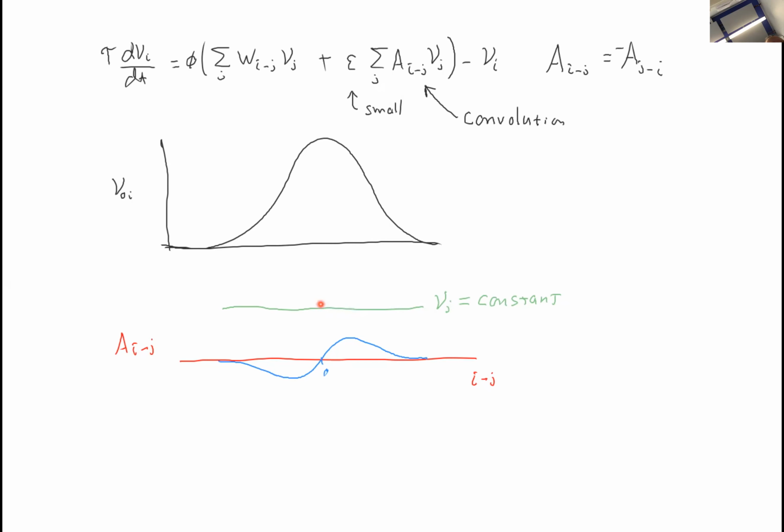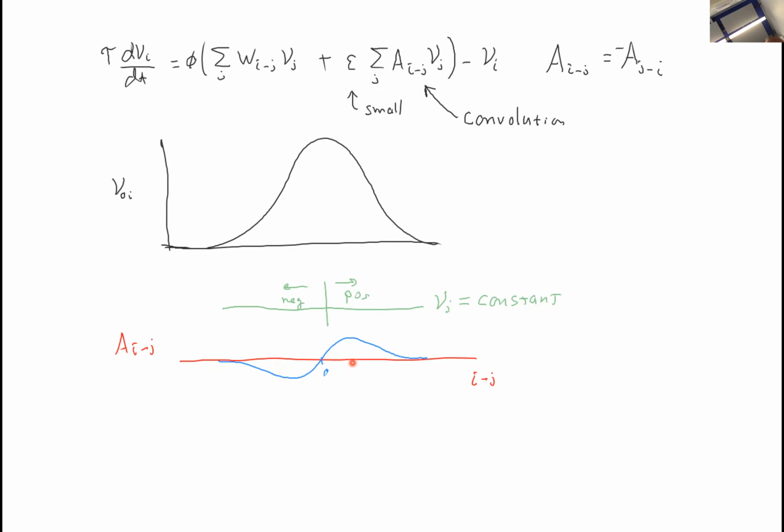As you can see, what happens is over here we get positive, so we get positive on this side, negative on this side, and they exactly cancel because of the anti-symmetry, right? Nu j minus I on this side is exactly minus that side. So if nu j equals a constant, this sum has no effect whatsoever.